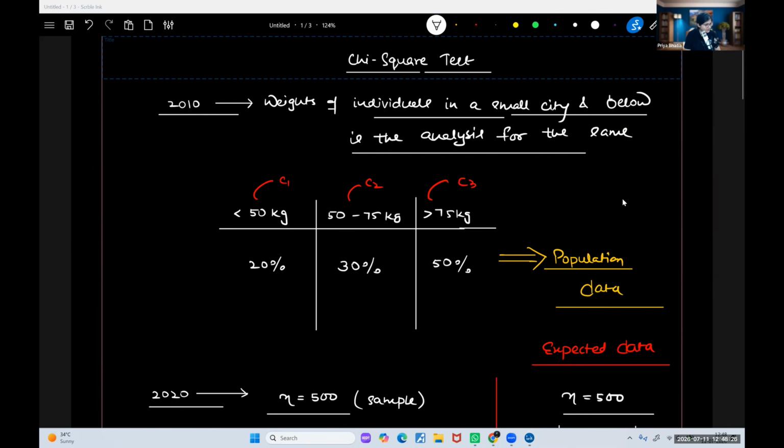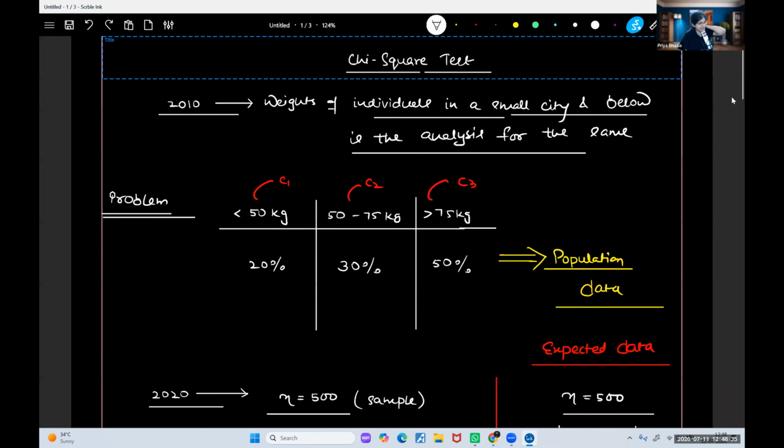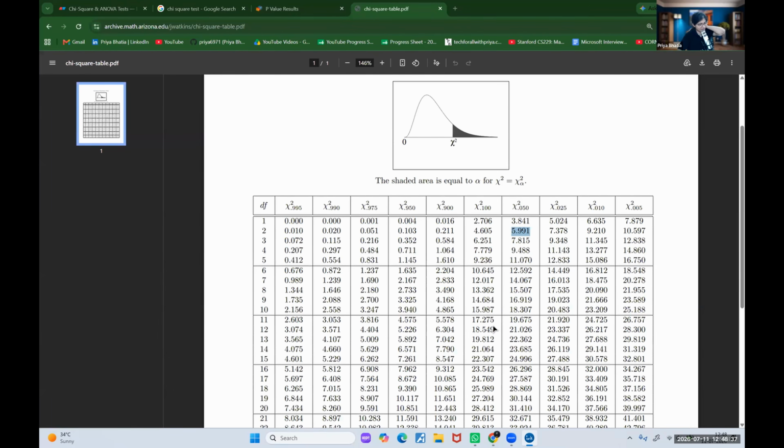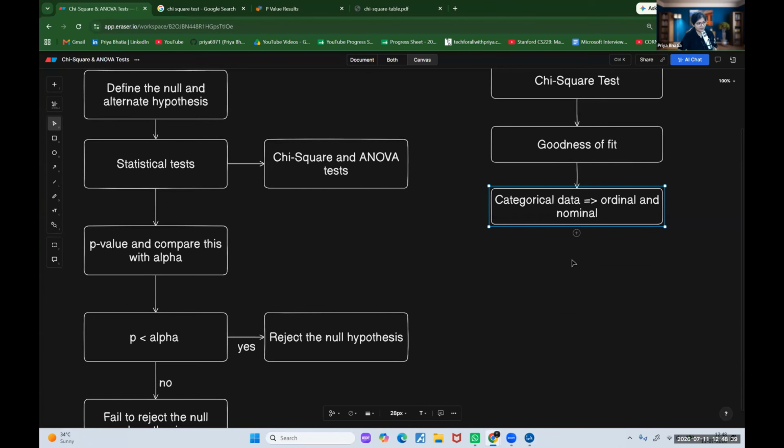So this is the first problem, just to illustrate the core idea of the chi-square test. The main intuition is that everything actually remains the same. You have to understand how to get the evaluated chi-square value and what exact values you need to evaluate it.